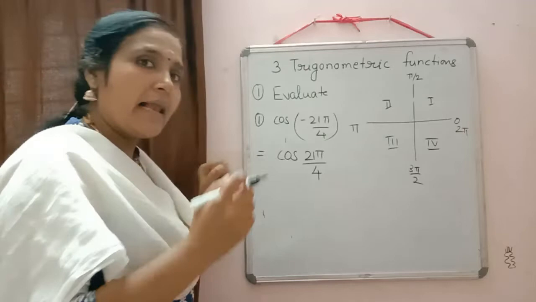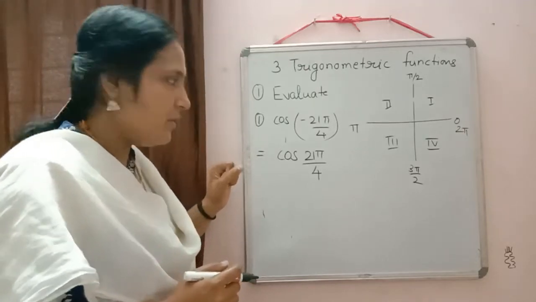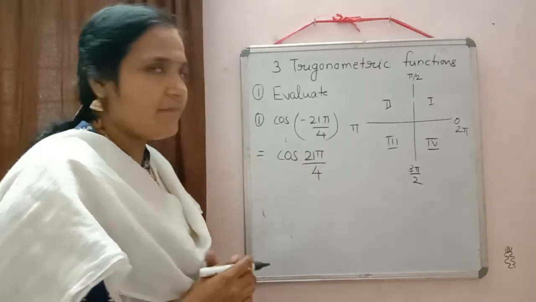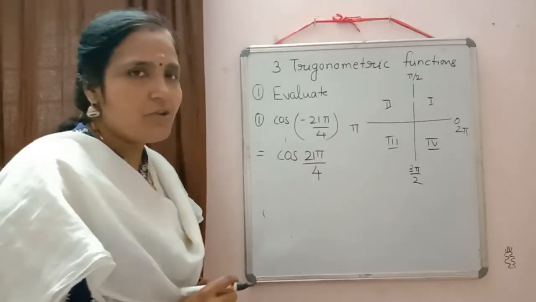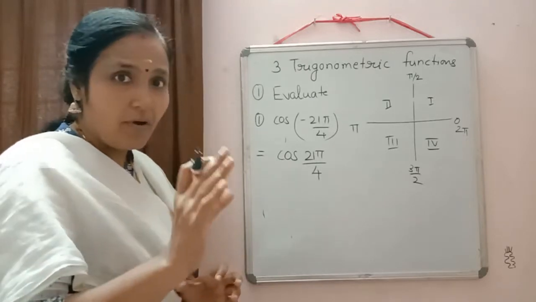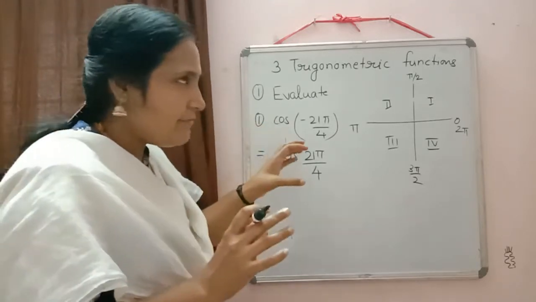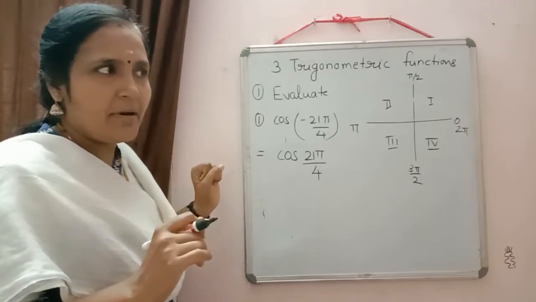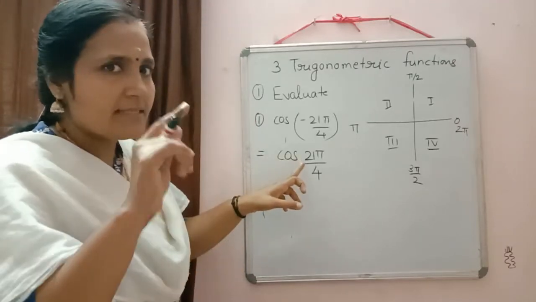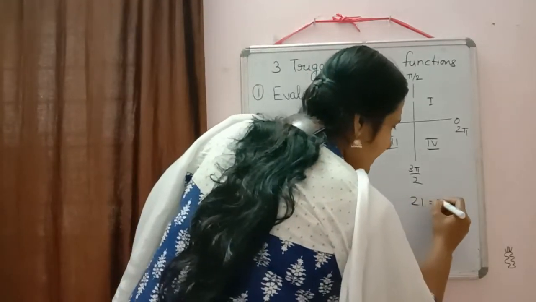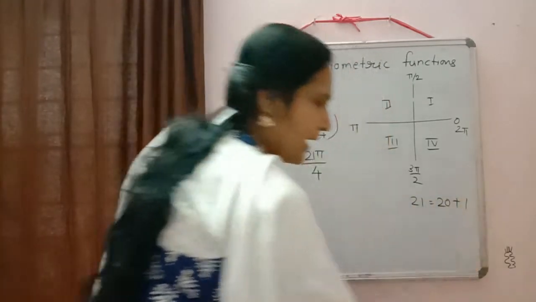To calculate the angle, we check this number 21, and in the denominator we have 4. Go through the multiplication table of 4 and check which number 21 is nearest to. In the multiplication table of 4, 21 is nearest to 20, correct? So 21 we will rewrite as 20 plus 1.